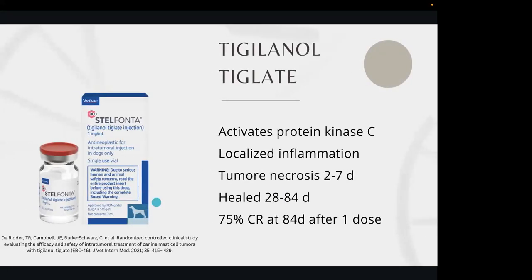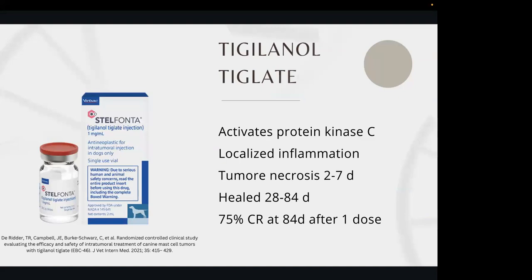So this is what it looks like in the bottle. It's from Virbac. It is a potent cellular signaling molecule. One of its mechanisms is to activate protein kinase C. Intratumoral injection of tigilanol elicits a rapid but highly localized inflammatory response. It disrupts tumor vasculature.